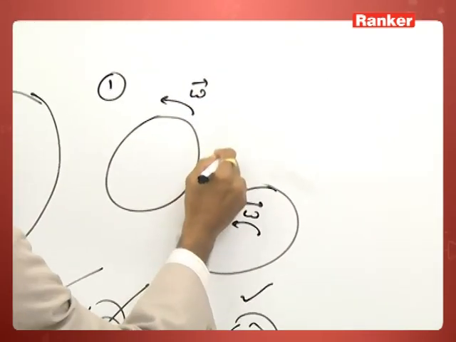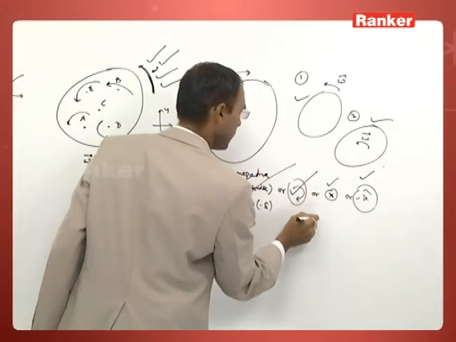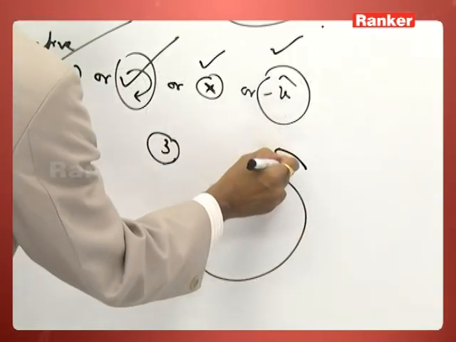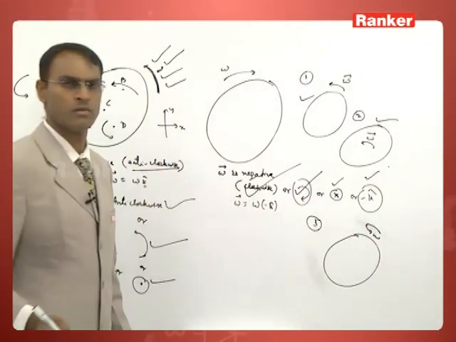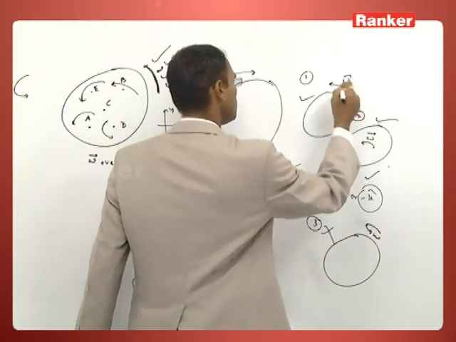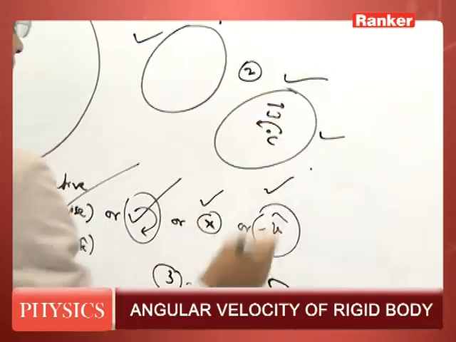This is also correct. Or you choose to write in this way. Or you can write in this also. But generally, we choose this or this. But it doesn't mean that this is the centroidal axis.